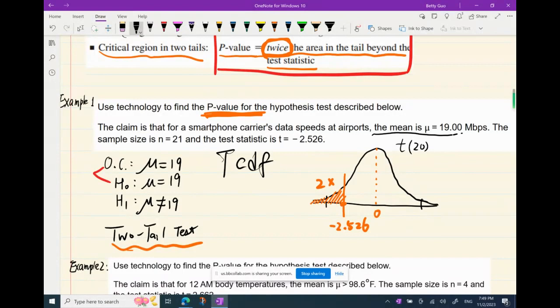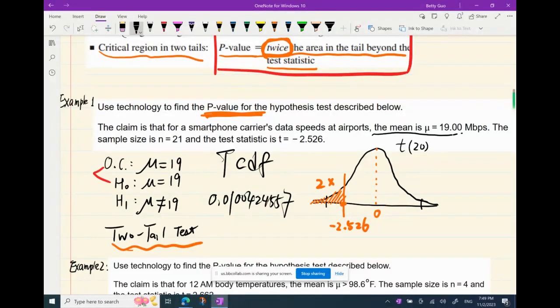I have the area as 0.01004245557. Let me know, do you have the same thing as mine?